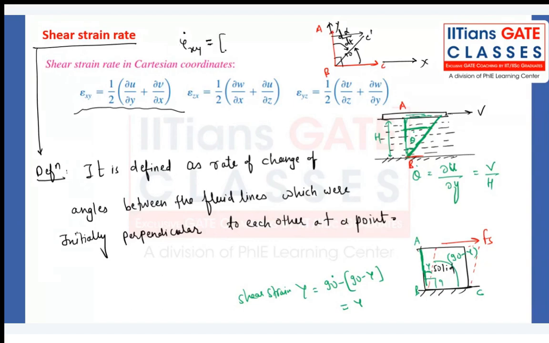Change in angle from 90 degree. Now what is the final angle between these two lines? So what about the final angles between these two lines?